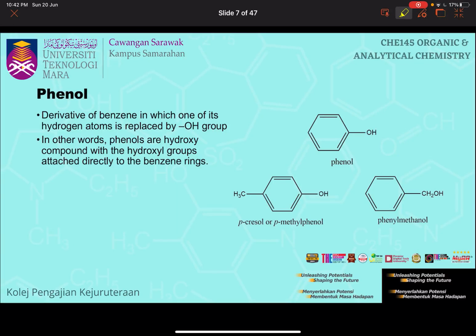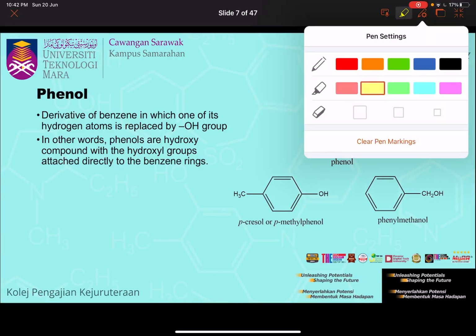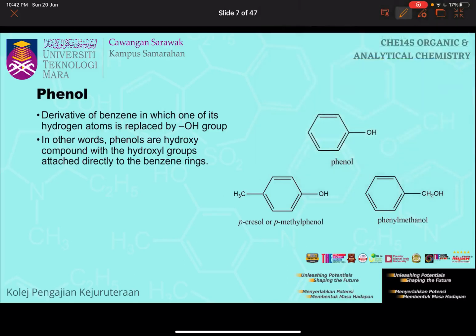Another alcohol that is very unique is phenol. So phenol is very special. Why is phenol special? Because this is actually a derivative of benzene. As you know, our simple benzene ring is this. We add the hydroxyl group, and it becomes a phenol.